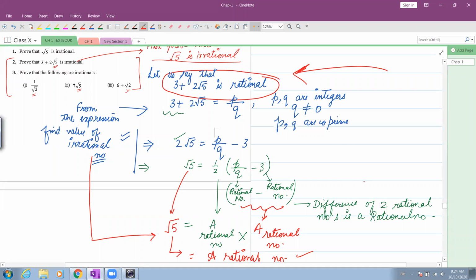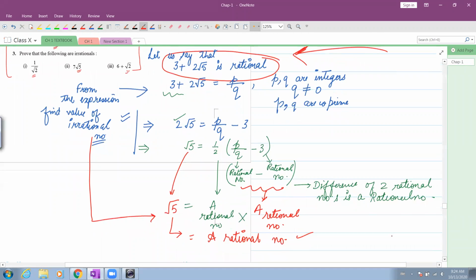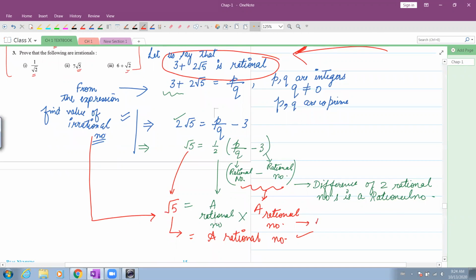All right. So you're going to write this down, and you can also write down here that product of two rational numbers is a rational number.